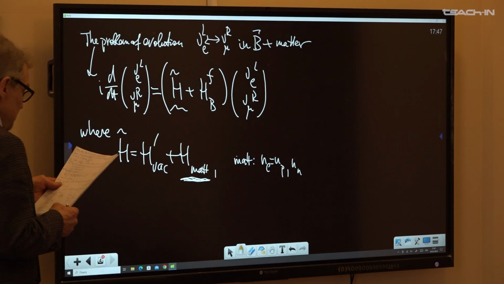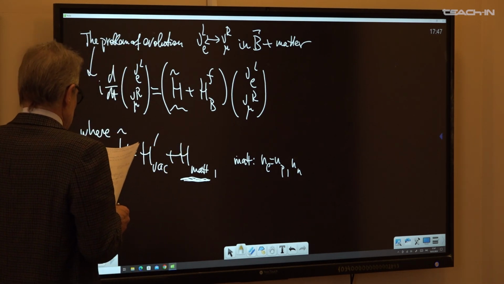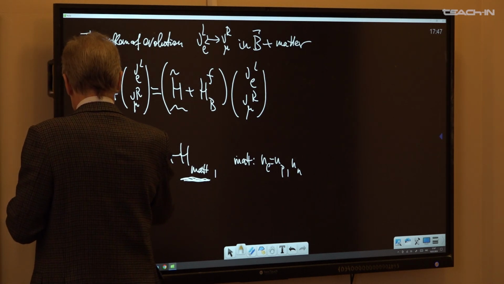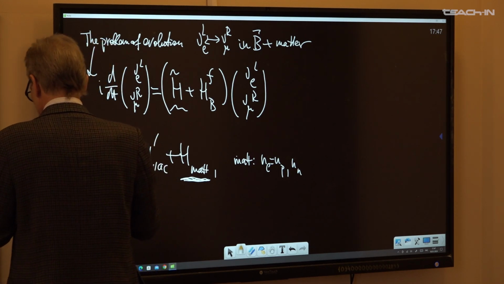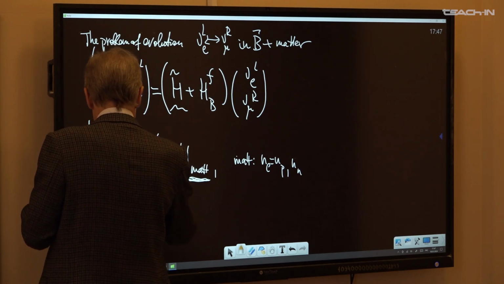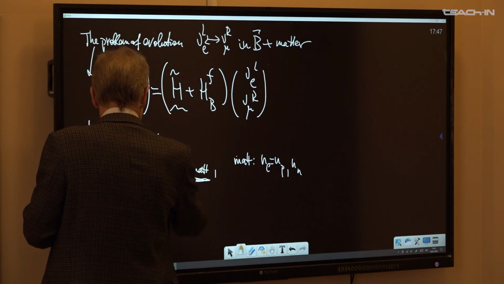So recall, initially in the physical basis, or the mass basis, we have this.